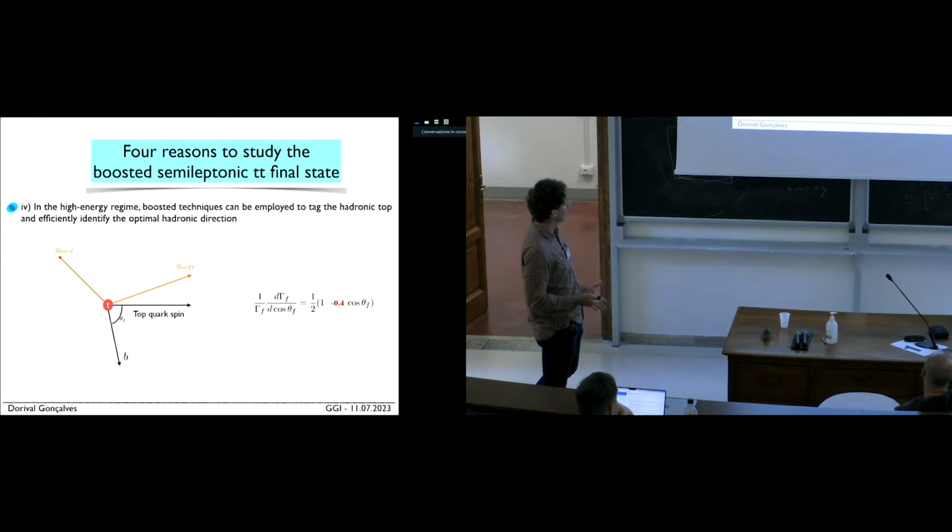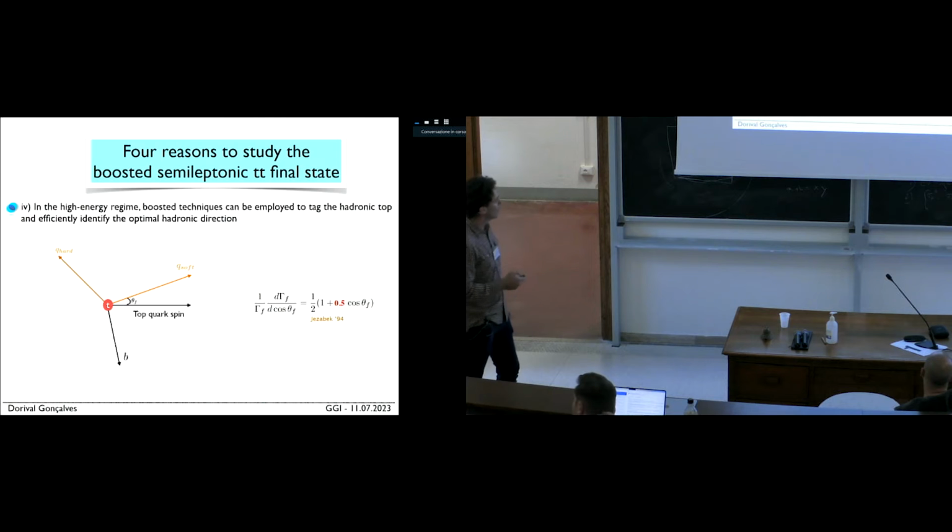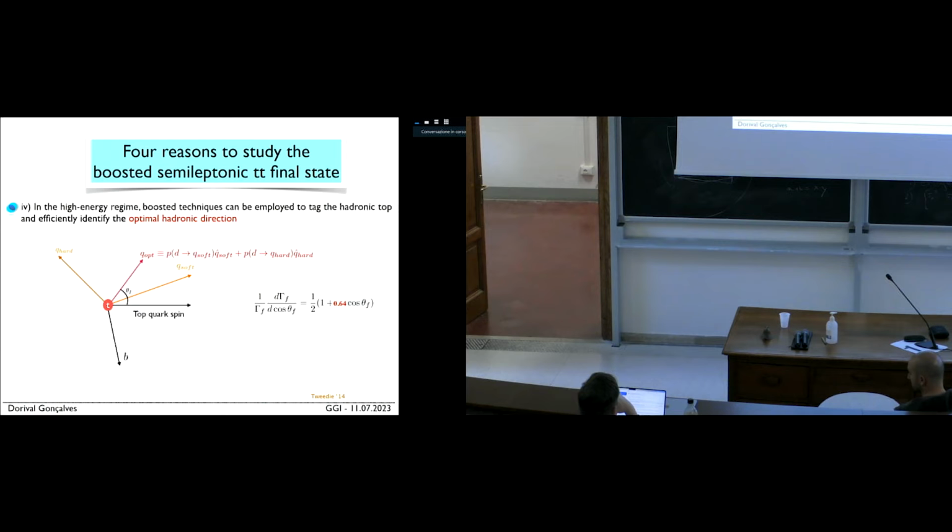If you want to do better than this 0.4, if you go to the top rest frame, it's been known for quite a while that if you take the softest of the jets, you have a spin analyzing power that goes to 0.5. But we can do even better. If you define a direction here, which is given by some weighted sum between the soft direction and the hard direction, leveraging our information on the helicity angle that we know for the down quark decay.